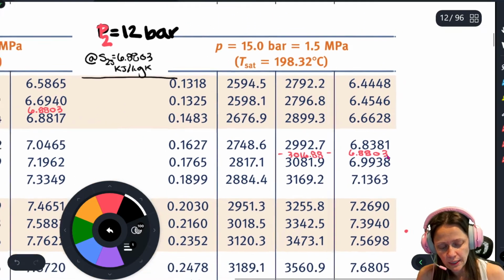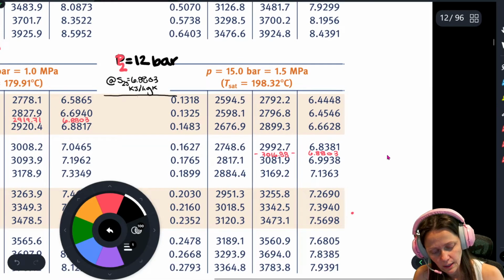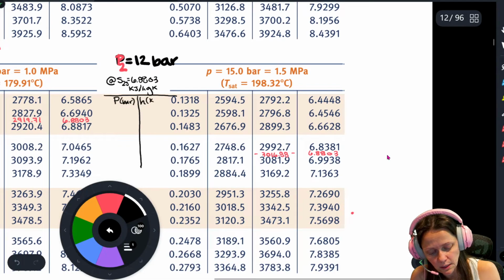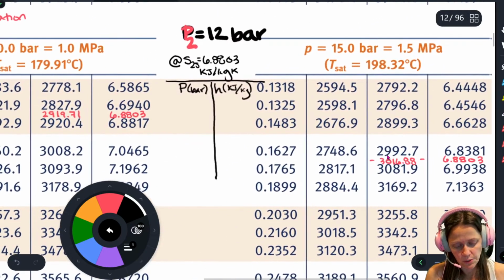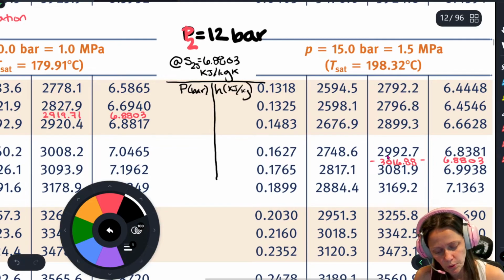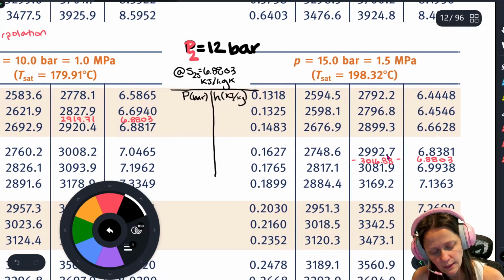And it's not organized the same way, but that's okay. So I'll have a column for pressure, in bar, and then a column for enthalpy, in kilojoules per kilogram. Okay. So I'm going to zoom in on this real quick. So over to the left, all that information was at 10 bar.